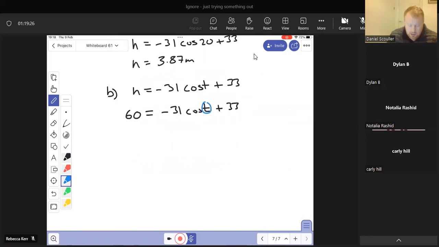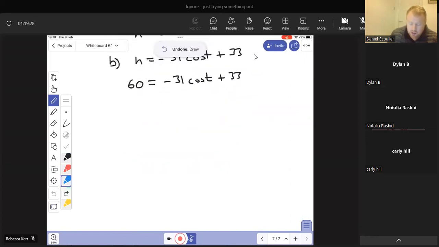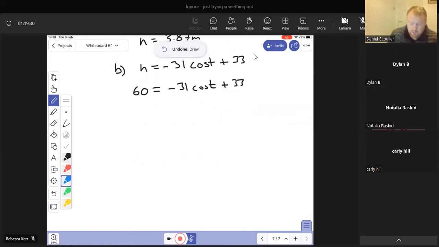And we're going to treat it the exact same as we treated x in the last question. For this, I want my unknowns on the left-hand side, so I'm going to spin that round. Exact same equation. Then I'm going to tidy it up.